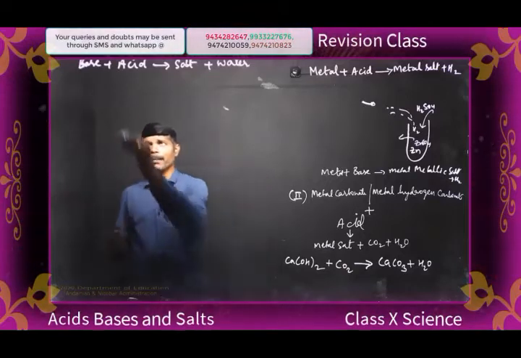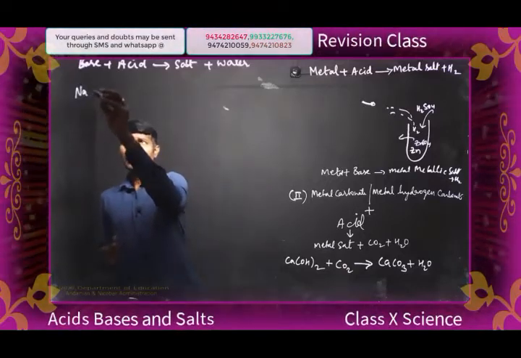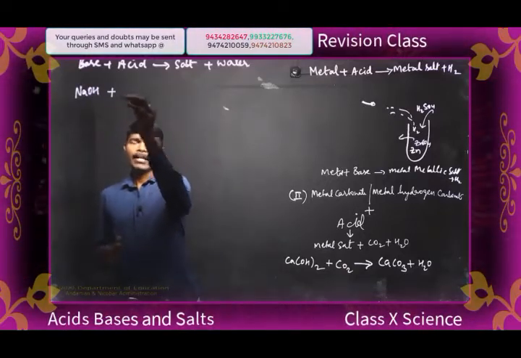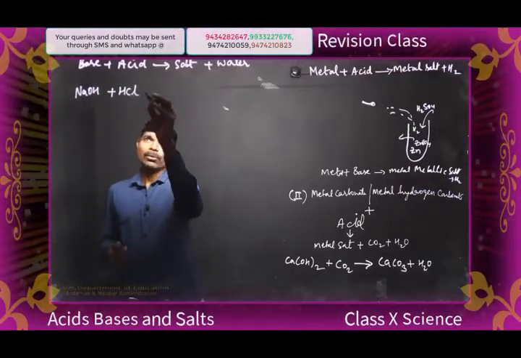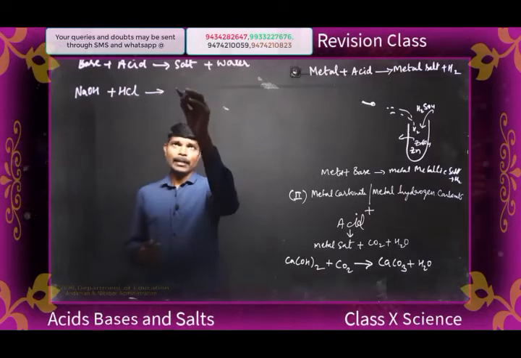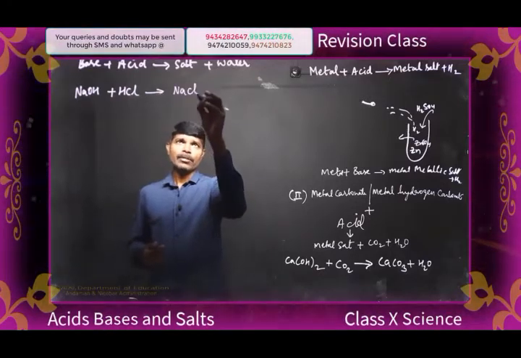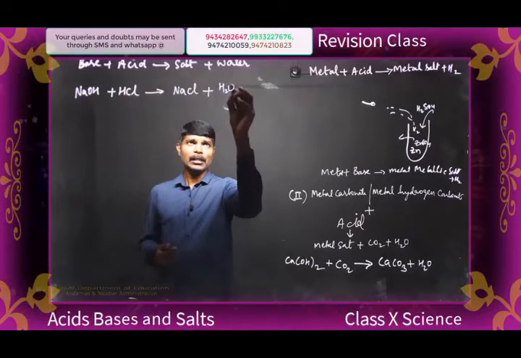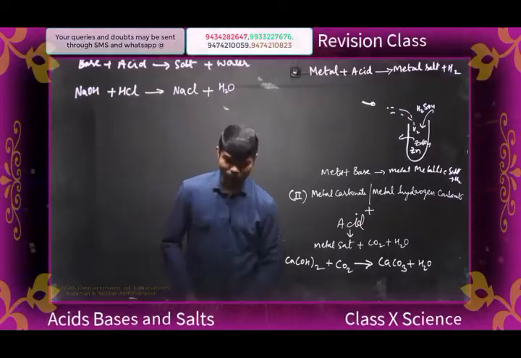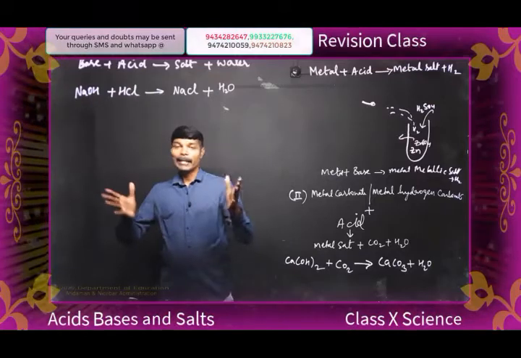We take any example here, sodium hydroxide. Sodium hydroxide when reacting with acid, you can take any acid. For simplicity I am taking hydrochloric acid. We will get sodium chloride, which is salt, and water. This is the general equation which we can use for any acid and base.